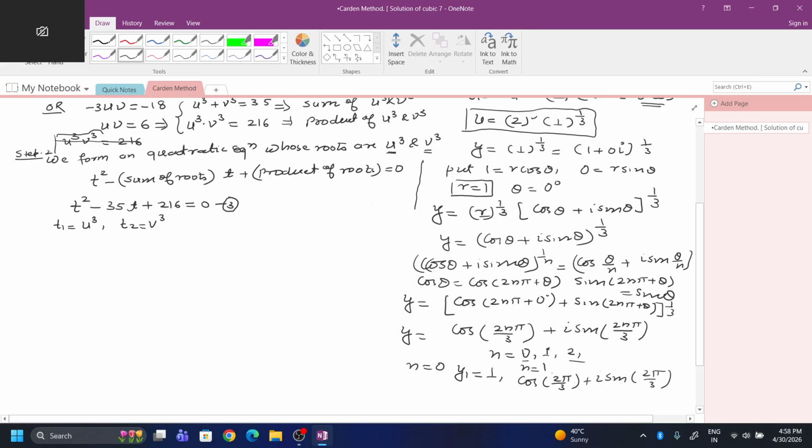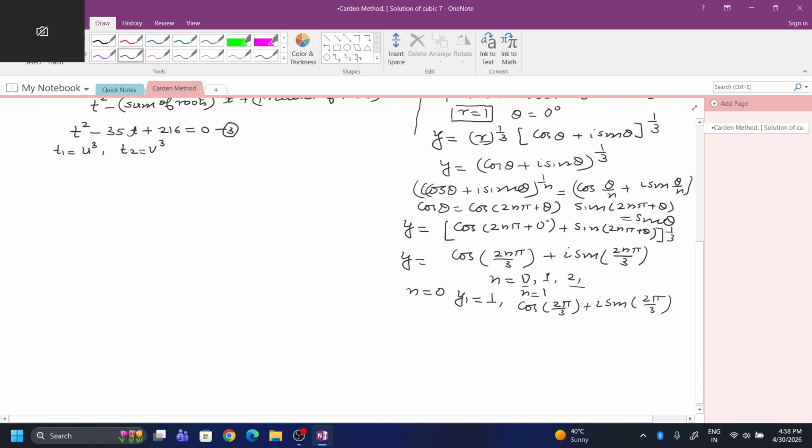The cos 2 pi by 3 can be written as 120 degrees, that is cos(180 minus pi by 3) plus i sin(pi minus pi by 3).